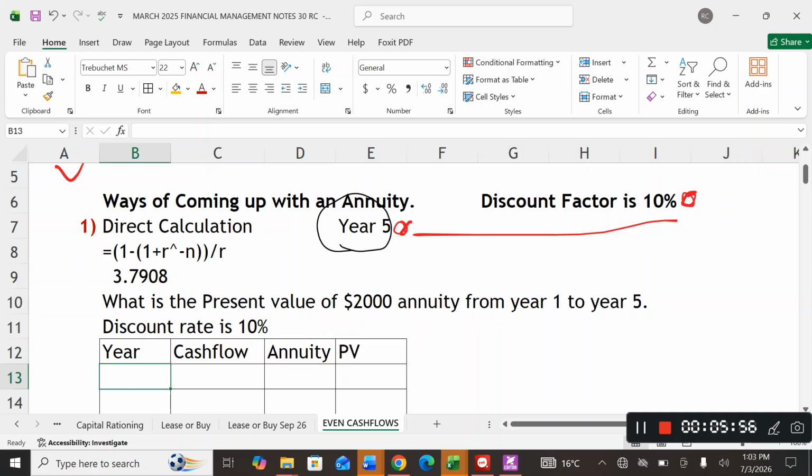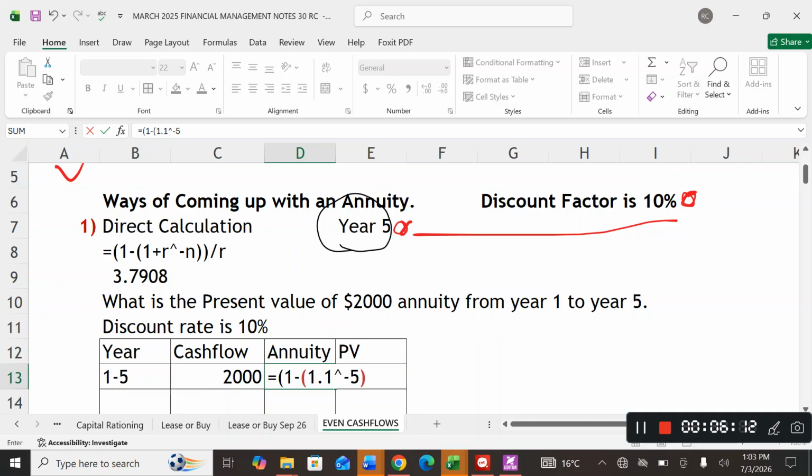I'm going to indicate that it's year 1 to year 5, and my cash flow every year is 2000. My annuity factor is open bracket 1 minus open bracket 1.1 to the power minus 5 close, divided by the rate. So the present value is 2000 multiplied by this annuity factor.